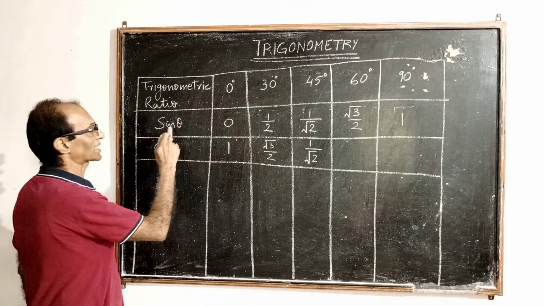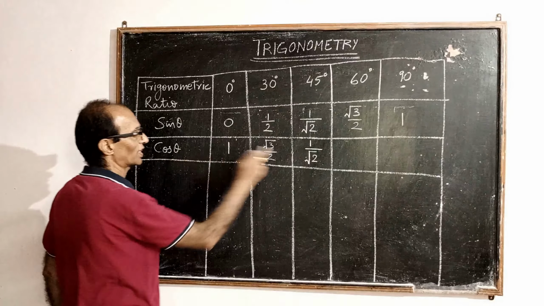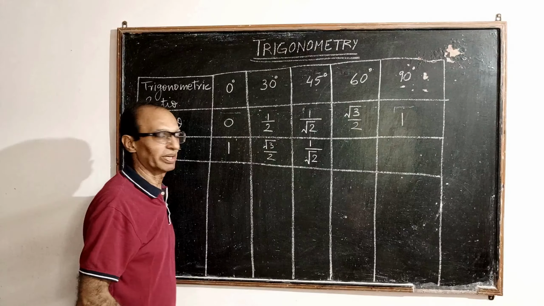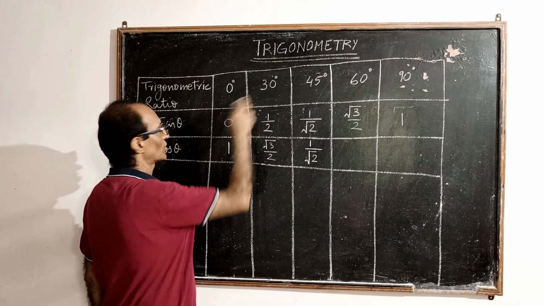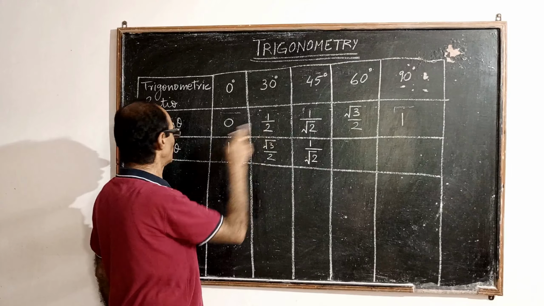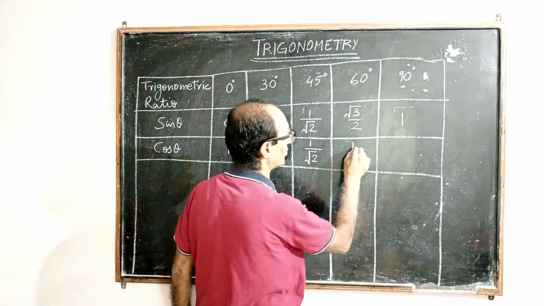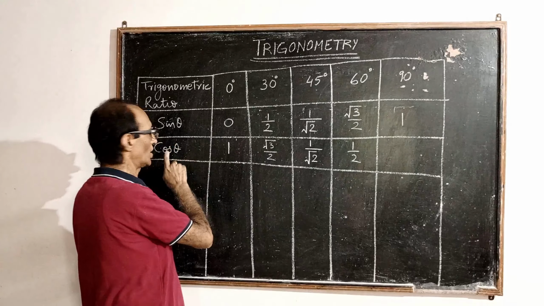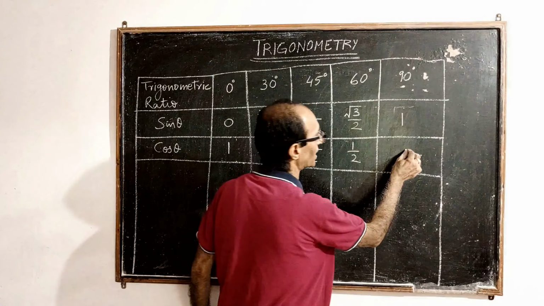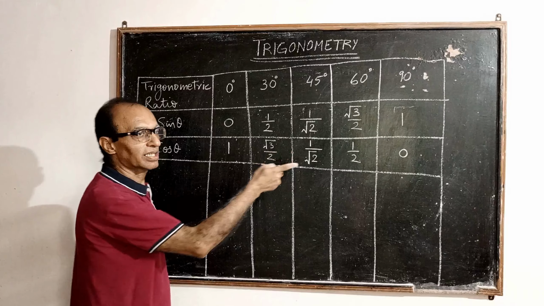So, mind you that sine 45 and cos 45 have the same numerical value. Now, cos 60 is, since it is that complementary type, sine 30 was 1 by 2, so cos 60 will be 1 by 2. And sine 0 was 0, so cos 90 degrees is 0. Isn't it complementary?